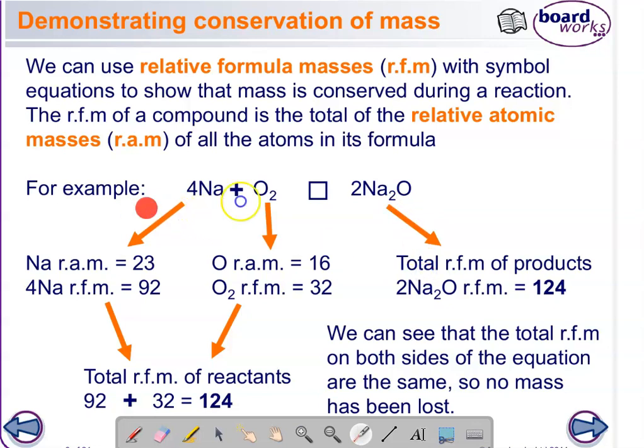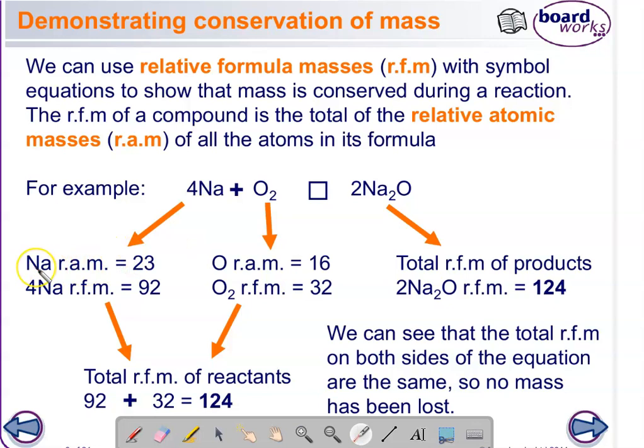So let's look at this particular example. We've got sodium reacting with oxygen to give us sodium oxide. First of all, we have to calculate the relative formula masses on the left side, so we will need the relative atomic masses.